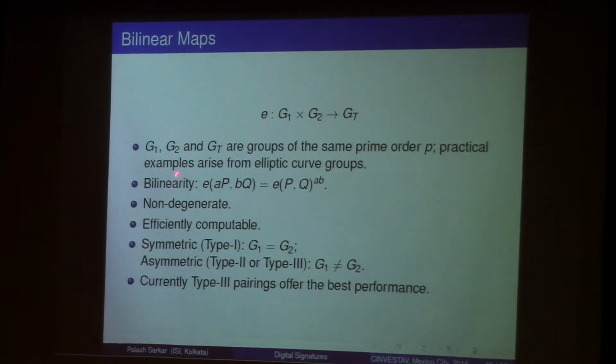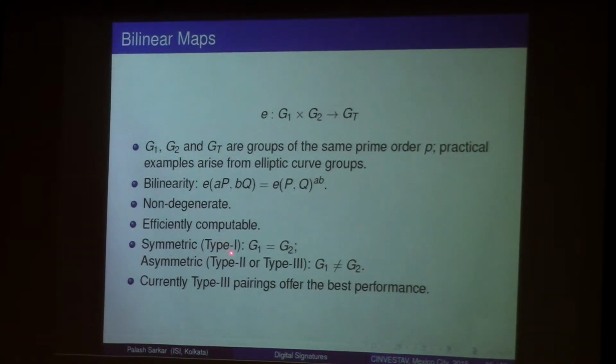These maps are called bilinear because of this very interesting property that e(aP, bQ) is e(P, Q) to the power ab. This is the main algebraic property which makes these maps so useful in designing not only signatures, but of course a lot of other protocols. There are other issues of non-degeneracy, efficient computability, and so on. These are, of course, important.